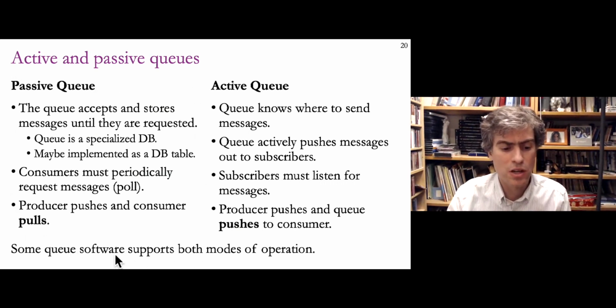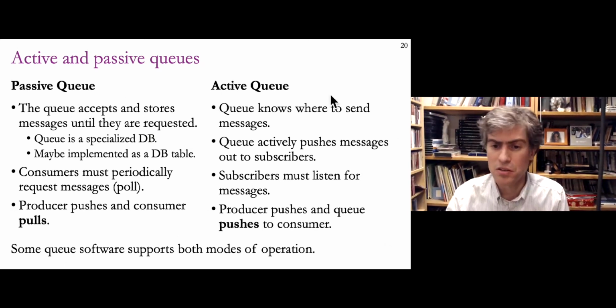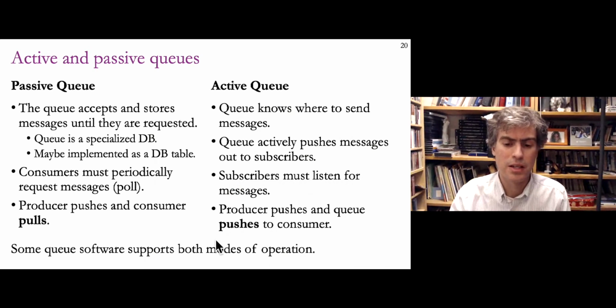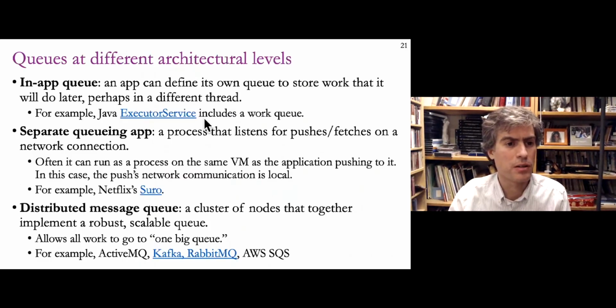And there's some queue software that handles both modes of operation, but I guess active is a little bit more advanced. You also have to think about what happens when the subscriber is not listening or fails to accept the message or is too busy to accept messages, and maybe you have some kind of failover rule, or you go through a list or something like that. But that's kind of complicated, right? But those are two different types of queues, and both are used in practice.